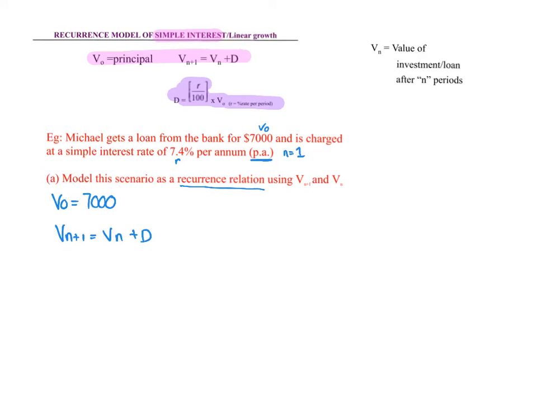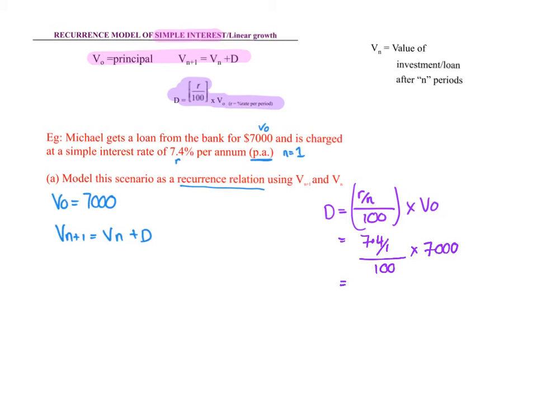Over there in the purple, you can see that we've put how to find D. It should be R. Now I like to write divided by N, because we should be thinking about whether it's monthly or yearly. Then write over 100 and then times V0. So I had 7.4 divided by 1, over 100, times 7,000.